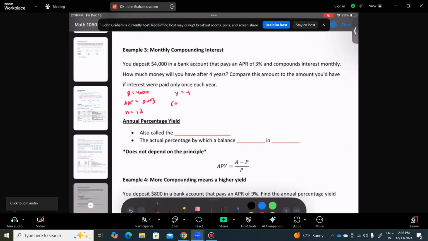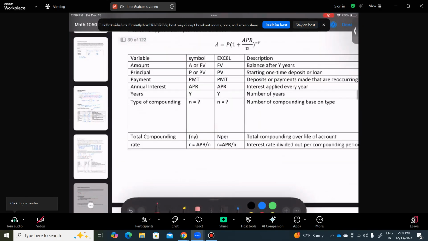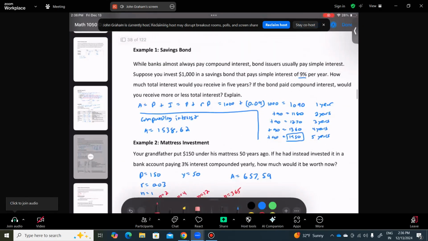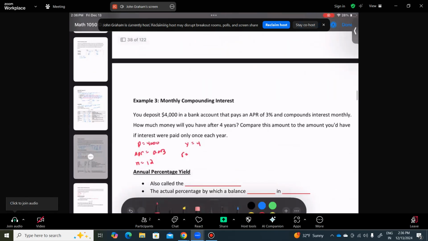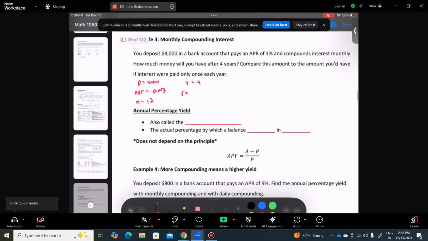It's not just the APR, not like it was in these previous problems where your interest given was just your interest. Your rate is your APR over however many times it compounds. So in this case, it's the 3% over 12. And so it'll be 0.0025.